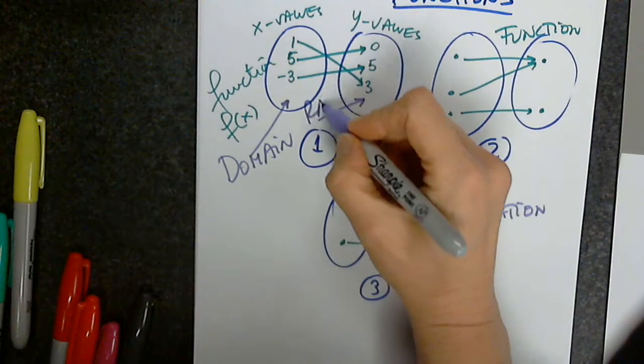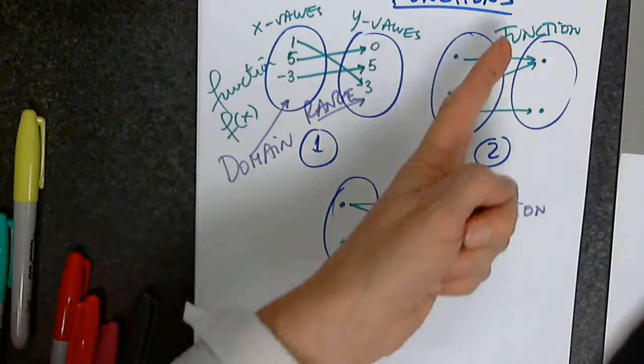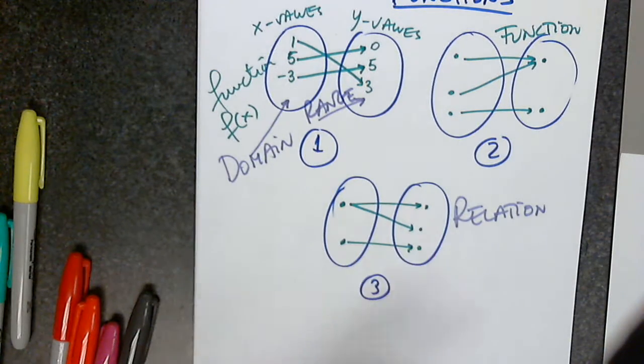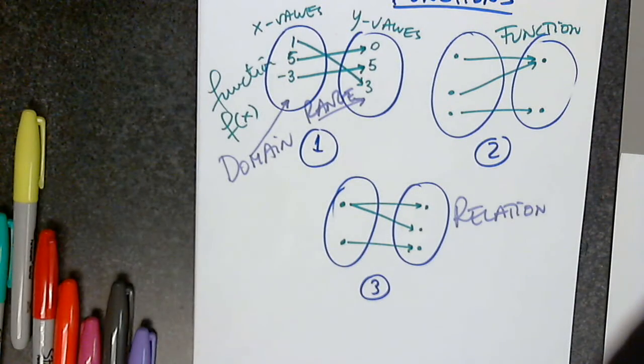Absolutely, the domain. And the other is the range. This is valid for all of them. This is the domain of this function, the range of this function, the domain of the relation, the range of the relation. Now, there is a very important difference between scenario 1 and scenario 2. They are both functions. But one of the two has a property that the other one does not. Let's identify the property, because I need it in this chapter anyway. Not exactly this moment, but I want to refresh your memory later.